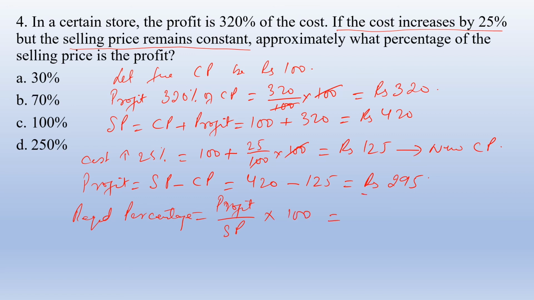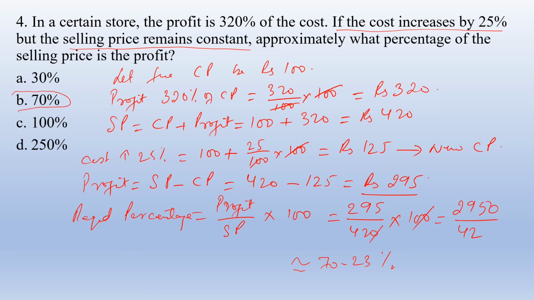So the profit we already calculated is 295 and the selling price is 420 multiplied by 100. 0 and 0 will cancel, so 2950 divided by 42, and if we divide this we will come to approximately 70.23%. So the correct option here is option B, which is 70%.